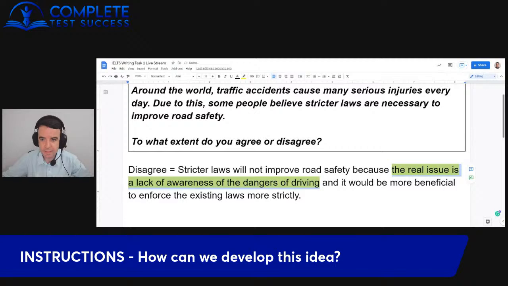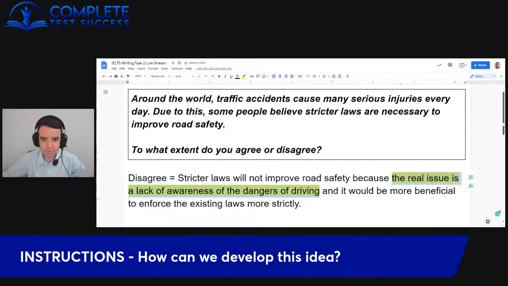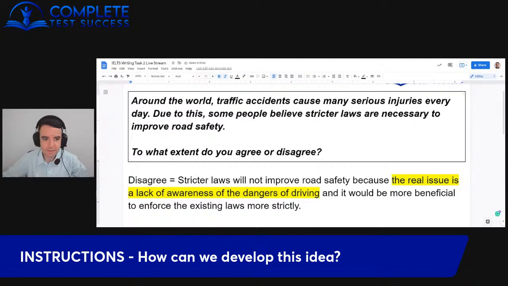So how can we develop that idea? That's the new task for you. Don't worry about more main ideas. We've covered that. Once you have two main ideas, we're ready to move forward. So you need to either explain that or give an example of that. That's how you're going to develop it.